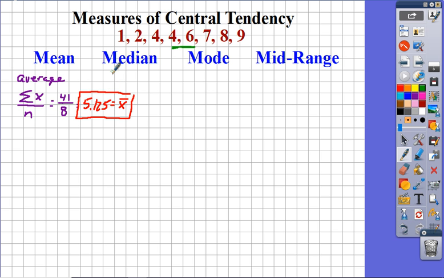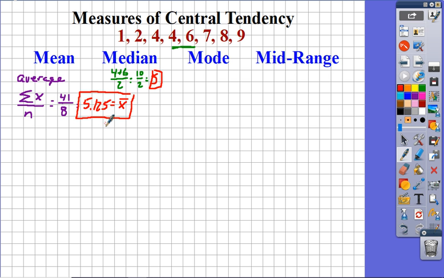So the median in this case is going to be 4 plus 6. Since it's two numbers, we would divide by 2. So we end up with 10 divided by 2, which our median in this case equals 5. Now that's a different measure of center. That's the middle number when they're in order, whereas the number over here, 5.125, that's the average of all the numbers together.